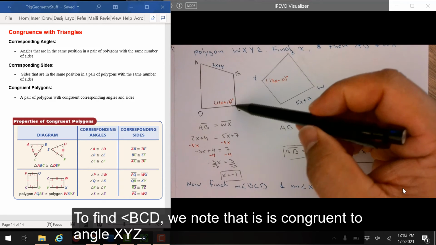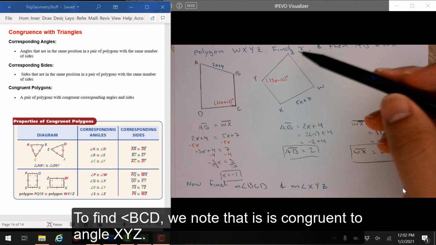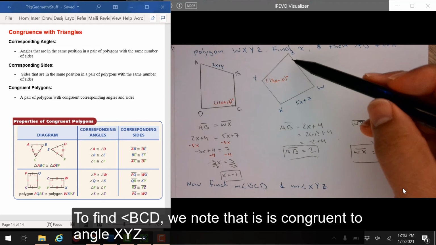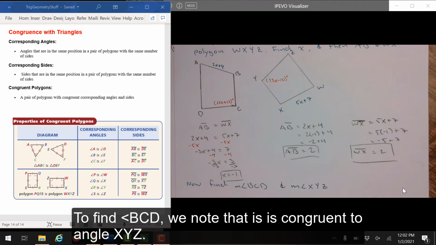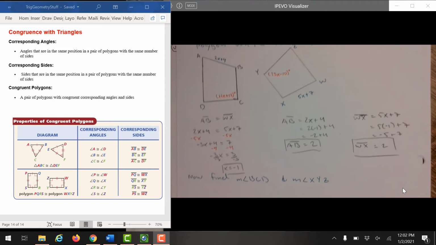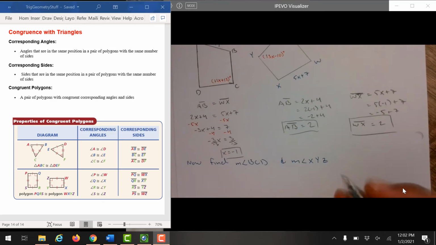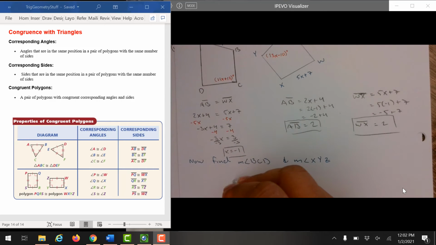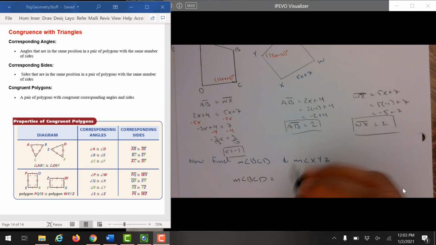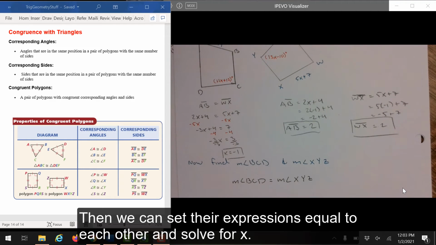To find angle BCD, we note that it is congruent to angle XYZ. Then we can set their expressions equal to each other and solve for x.